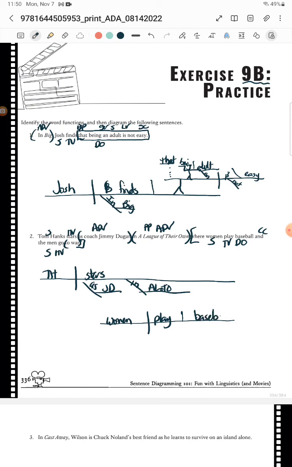They play baseball, and then that is where all the things happen. And then the men, what about the men? The men go, and then they go to war, and coordinating conjunction. Cool, that's number two.